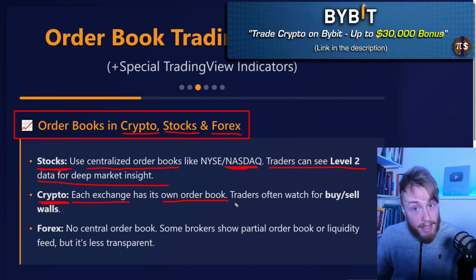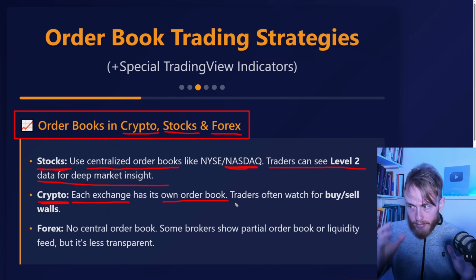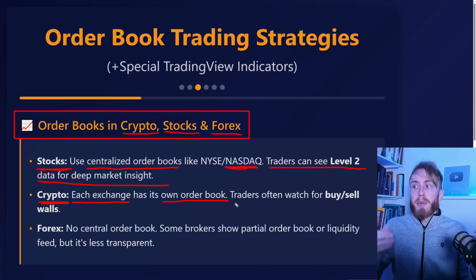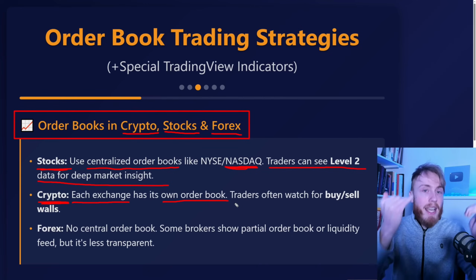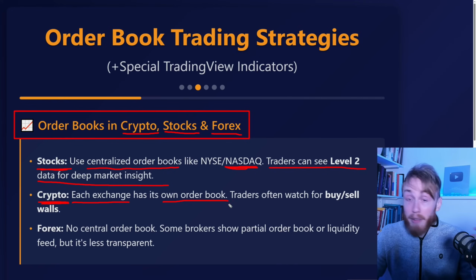Binance will have another order book, Coinbase will have another, and so on. This can make it a bit less significant, but the exchanges tend to follow each other pretty closely, so you can definitely still use order books when you trade crypto.